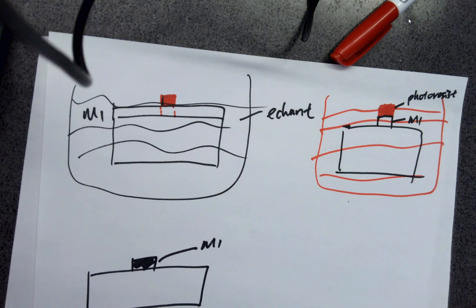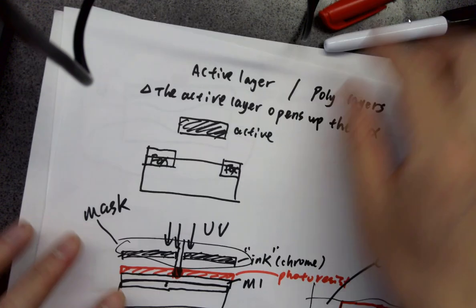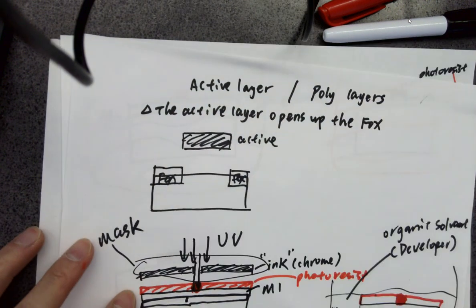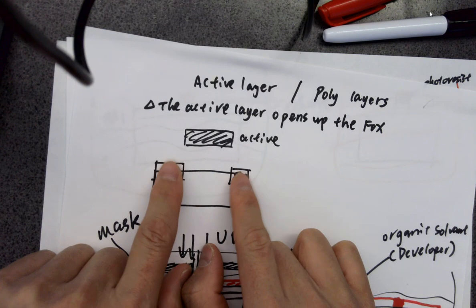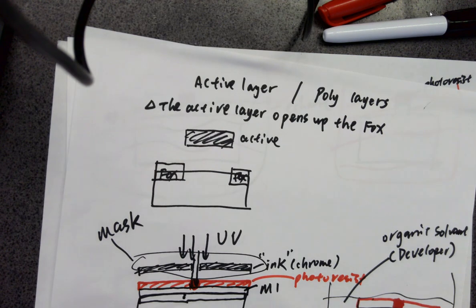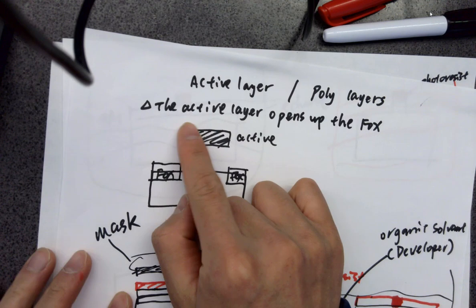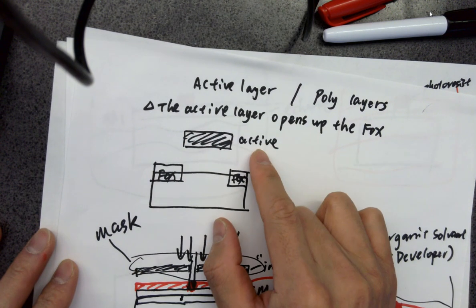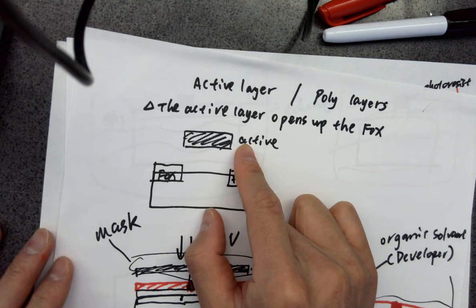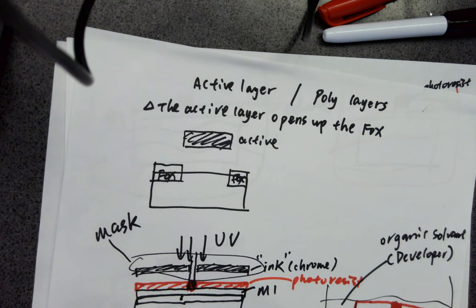So let's come back to this active layer. When I'm talking about the active layer, it will open up the FOX layer. How does that work? If I'm drawing a little square on the top, this is basically a mask. So the active layer in your Electric VLSI layout is basically just some kind of drawing. It will be part of the mask.